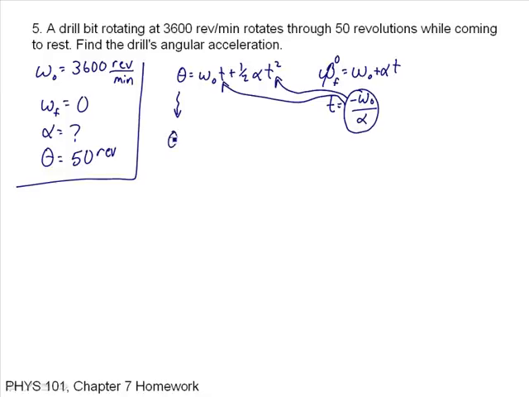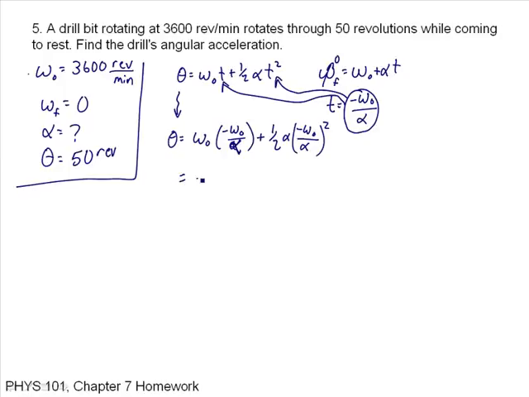So this equation now becomes theta equals omega naught times negative omega naught over alpha, excuse me. That's the same as t, plus 1/2 alpha times negative omega naught over alpha squared.